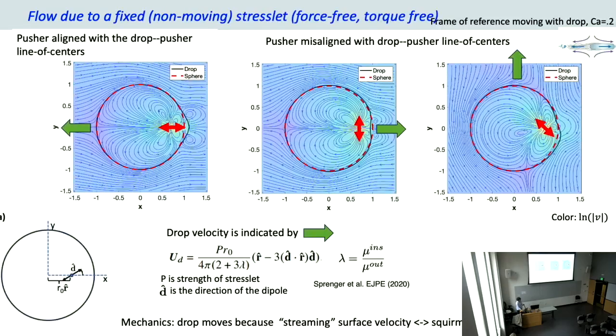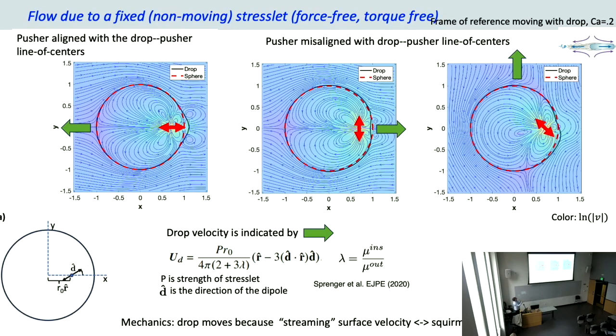And finally, what is relevant for our problem is the bacterium inside of a droplet. We model it as a stresslet. Depending on the axis of the stresslet, you can move the droplet in different directions. Where the stresslet is aligned with the center of the droplet, it moves here. If it's perpendicular, it actually moves in the opposite direction.